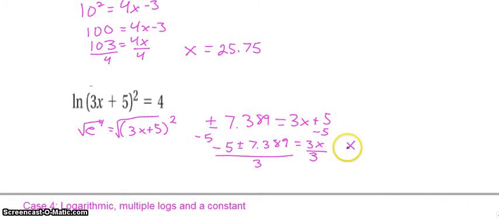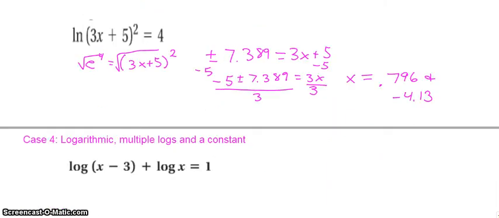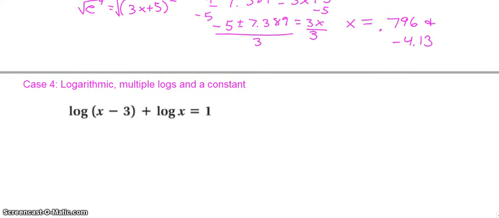When I punch that into my calculator, I get x values of about 0.796 and negative 4.13. So we would type this in, divide by 3, type it in with the subtraction, divide by 3, and you get those two numbers. So you may get one answer, you may get two. Sometimes, and I'll show you in a second, you may have to check that your answer looks valid.